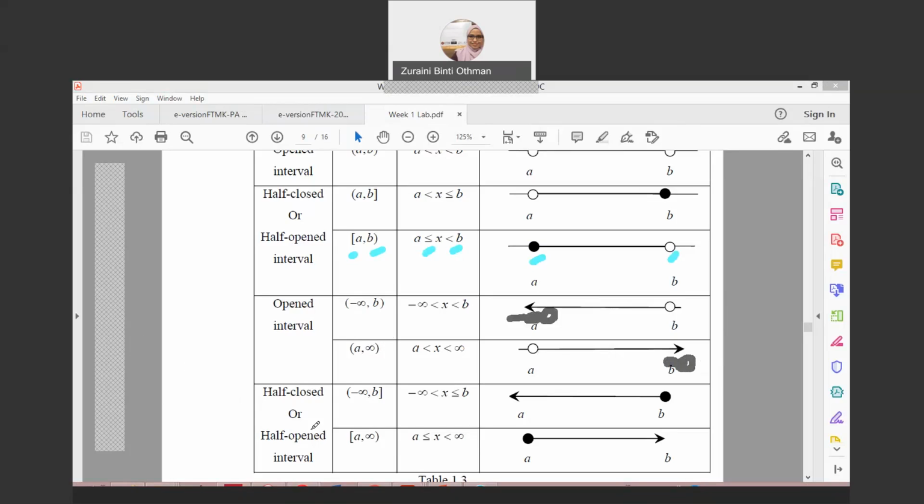Okey, half close or half open interval bermaksud termasuk B sehinggalah negative infinity. Okey, dan ini juga daripada A termasuk A sehingga ke positive infinity. Okay, nampak tak? Termasuk A square bracket, termasuk B square bracket here.